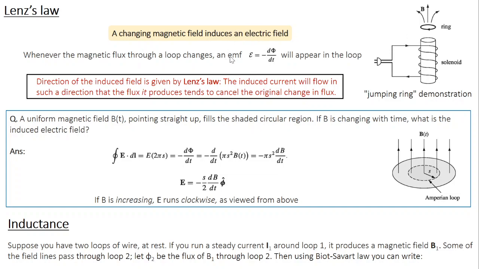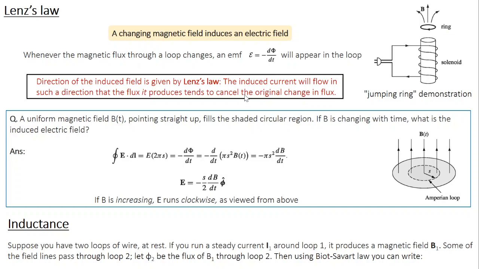So using whatever induction theory we have learned so far, let's try to analyze this. Originally, there is no current, there is no field, so flux through the ring is zero. When current starts flowing through the solenoid, a magnetic field is developing. Consequently, the flux through the ring is increasing. So you have a changing magnetic flux which induces an electric field. And what is the direction of the electric field?